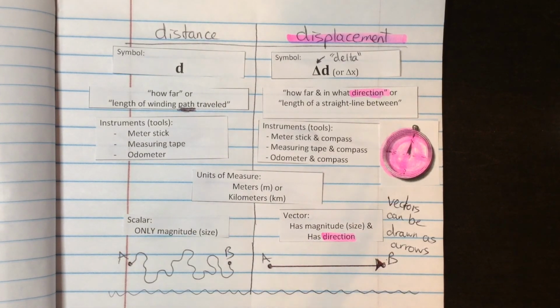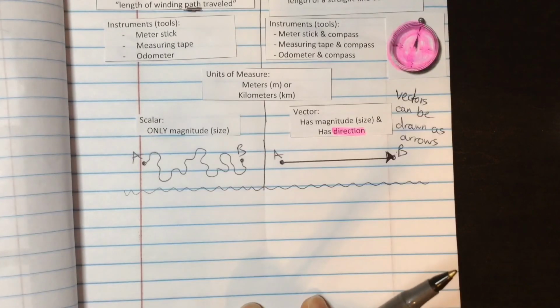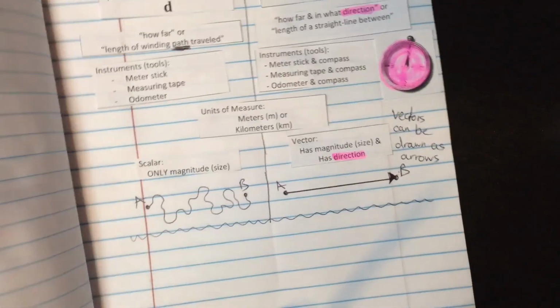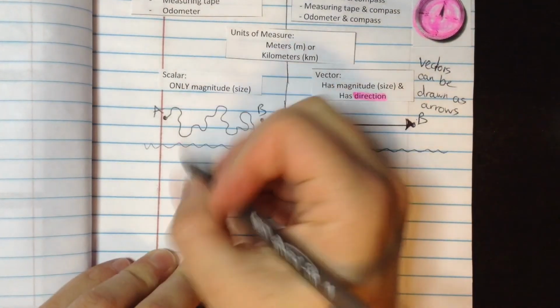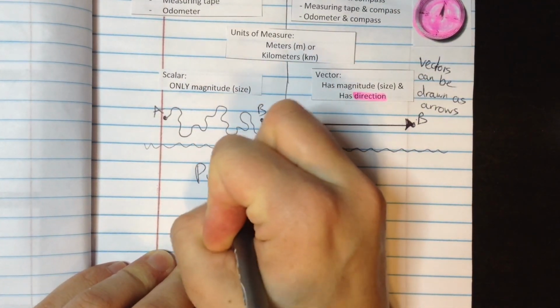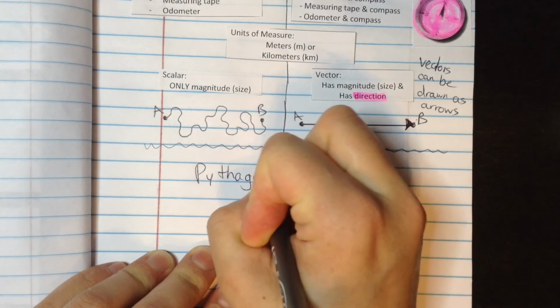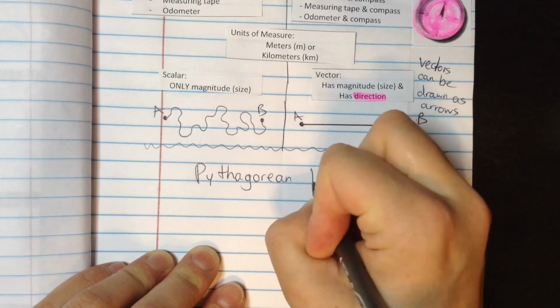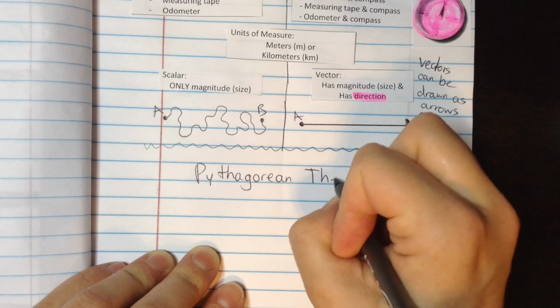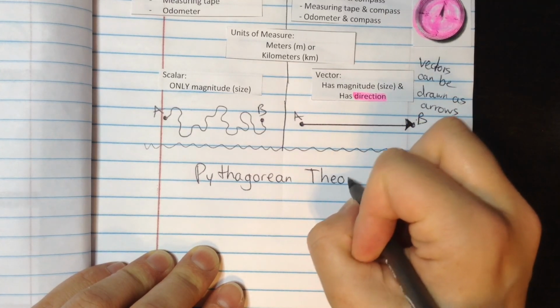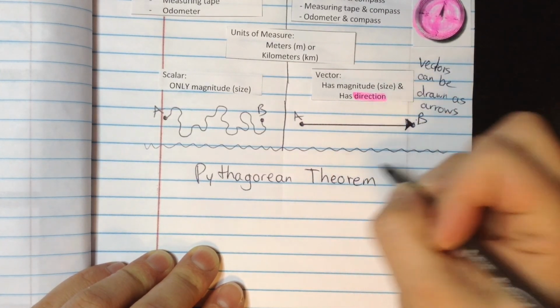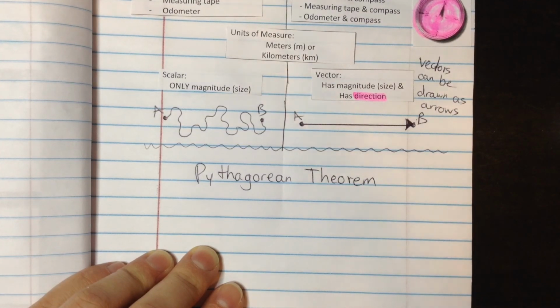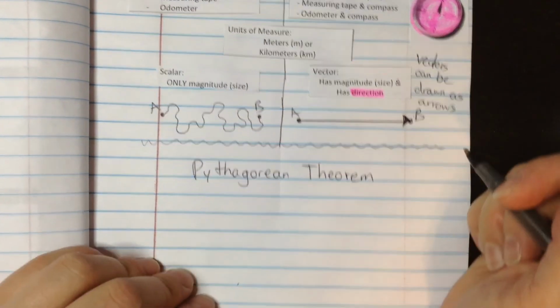Now we need to do a little bit of review on the concept of the Pythagorean theorem. This you should have learned in geometry, maybe algebra.